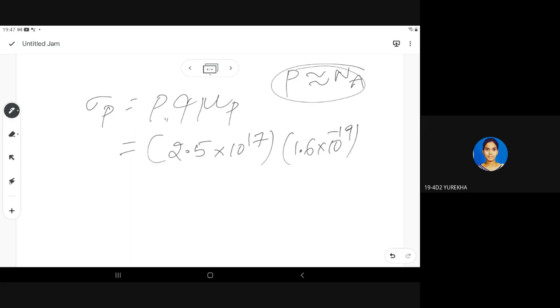And what is the mobility of holes? It is 500. So what is the conductivity due to holes? 20 mho per centimeter. So are all of you clear with this concept? Yes, sir.